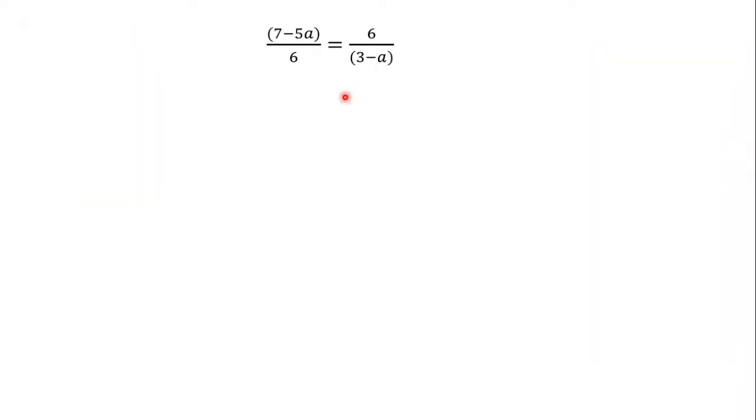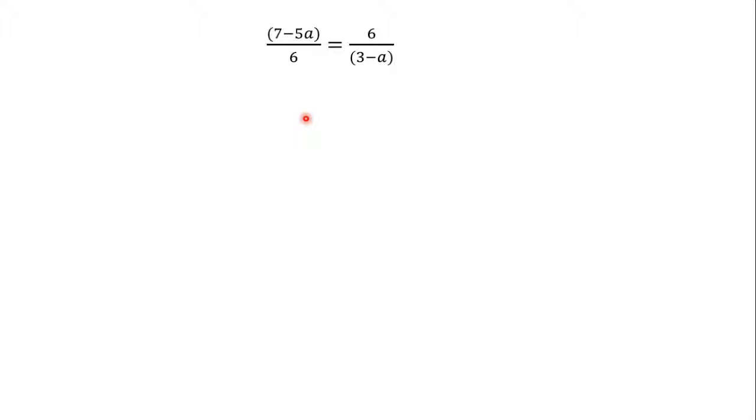This is an equation that involves a fraction. So we find the LCM of the denominators of the fractions and multiply it by each term in the equation to cancel out the fractions. The denominator on the left hand side is 3 minus a. The denominator on the right hand side is 6.